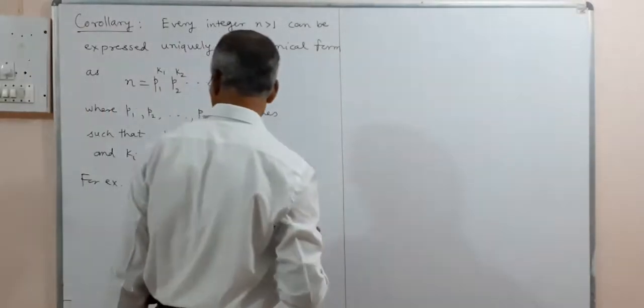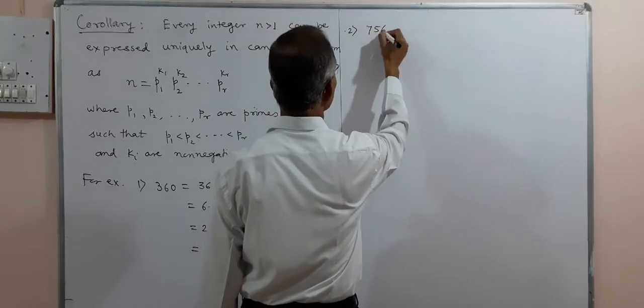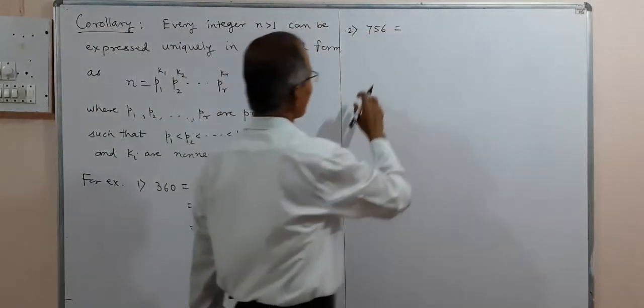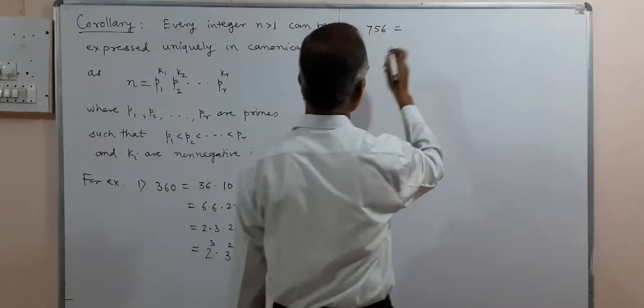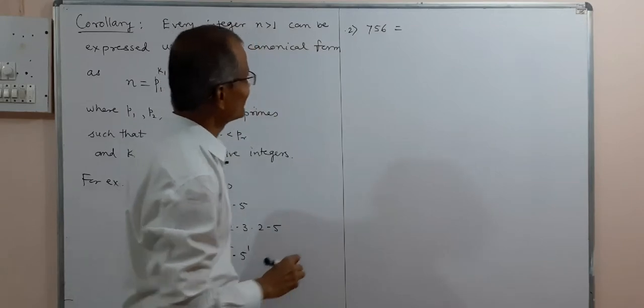Now another example can be considered as second, 756. This is divisible by 2, and it is also divisible by 3.